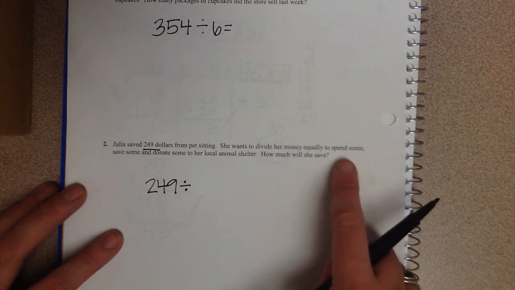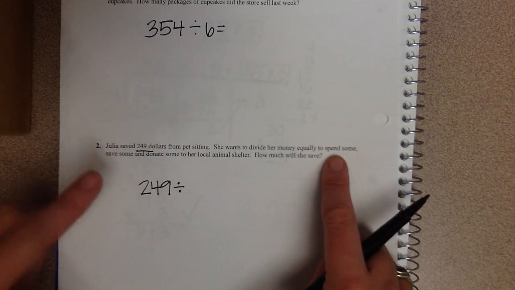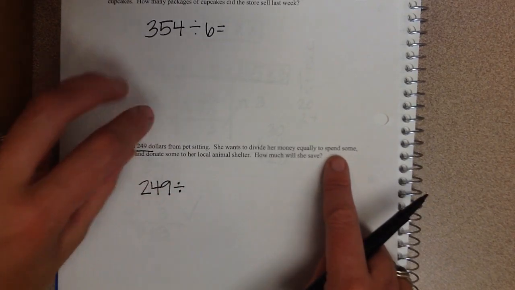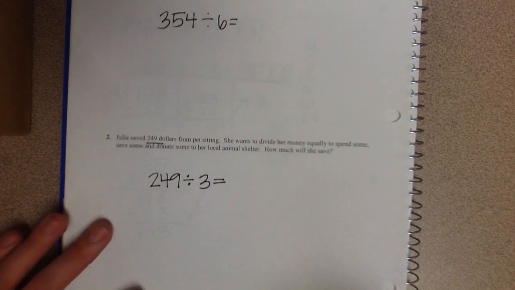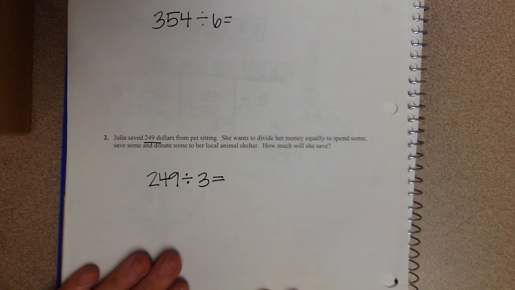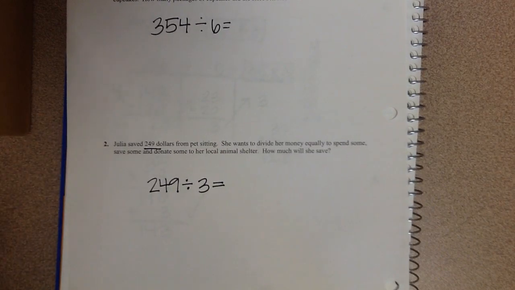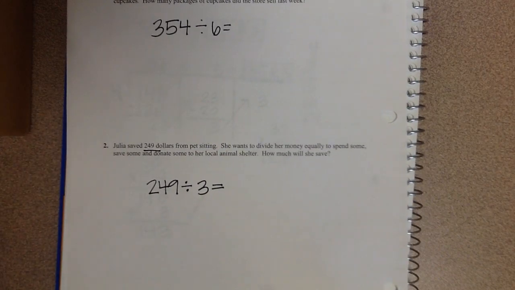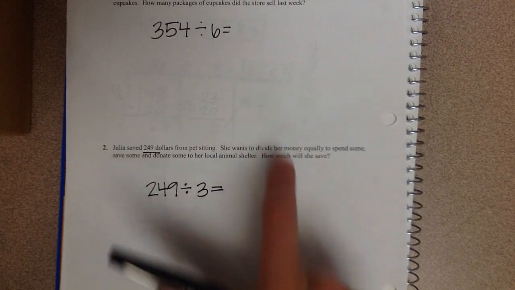Well, she wants to spend, she wants to save, and she wants to donate. So she's putting it into 3 different places. So we're going to divide by 3. Come back, give me the answer that you got. I need to see your work. And if you want to check it with base 10, go right ahead. And I also want to know, which method do you like better? Base 10 or area?